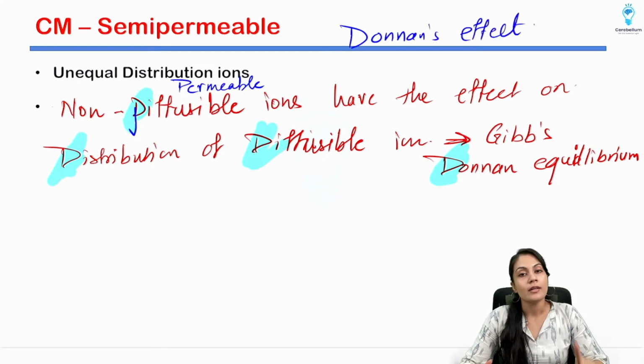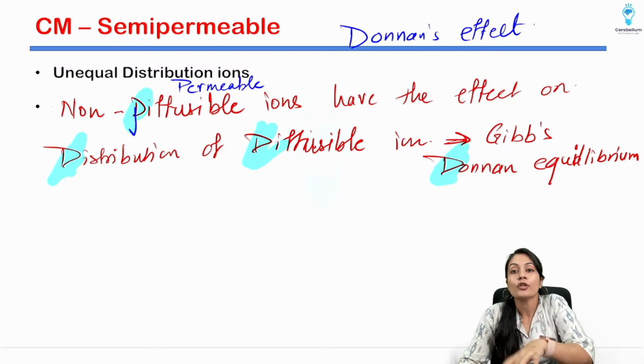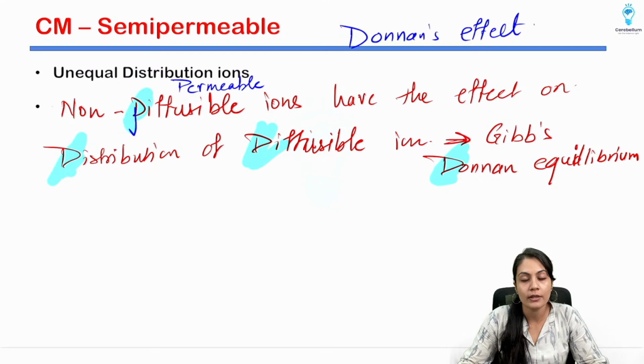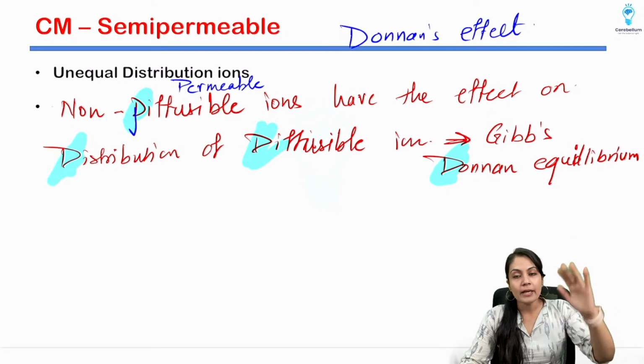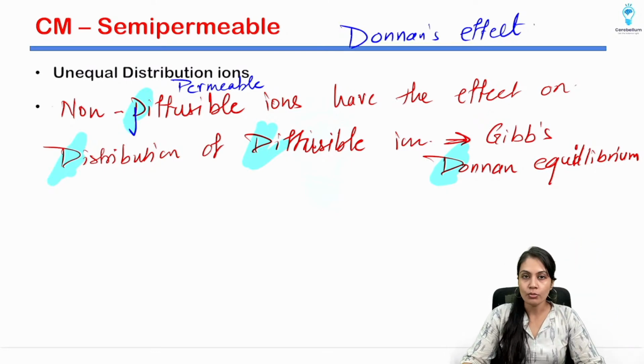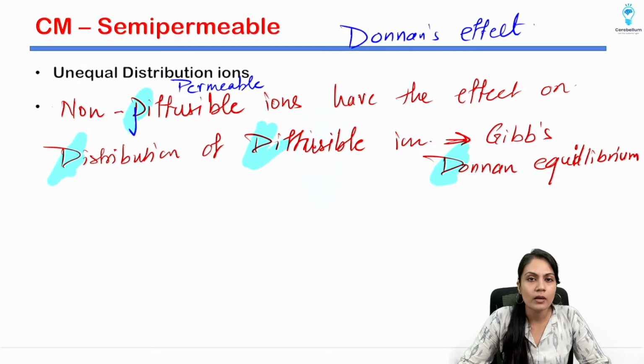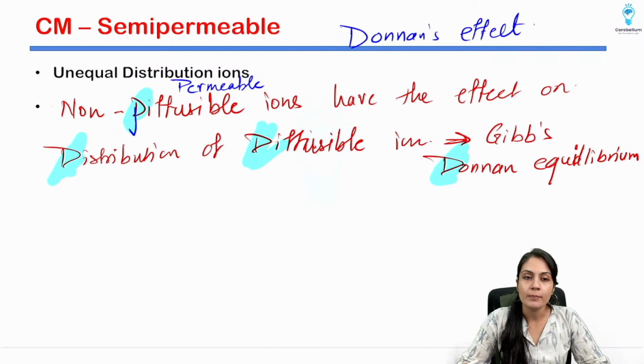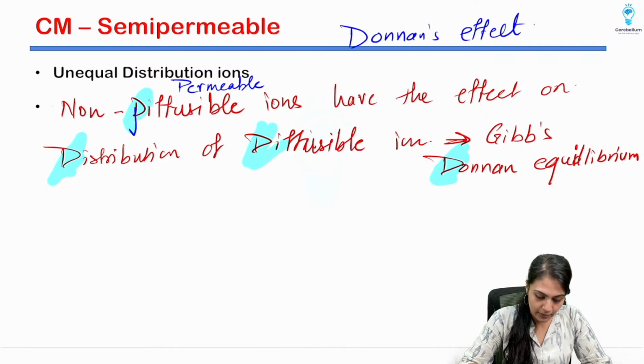So please remember that either they ask the question on Donnan's effect or on Donnan's equilibrium, Gibbs equilibrium, one and the same thing. Depending on how many marks they have asked, you have to write all the things over here with some explanation also, right?